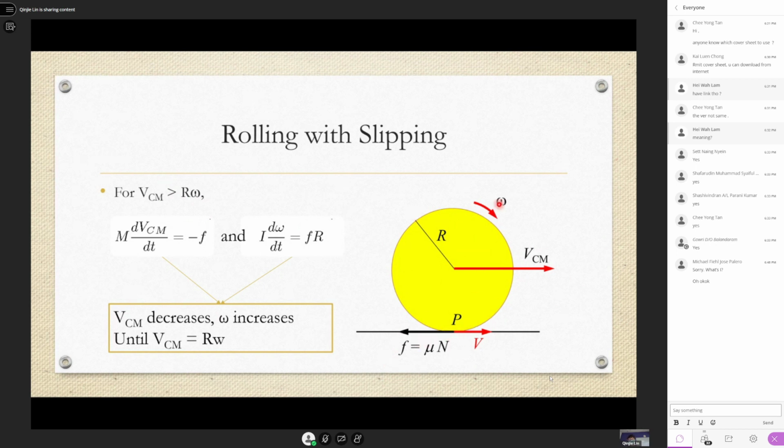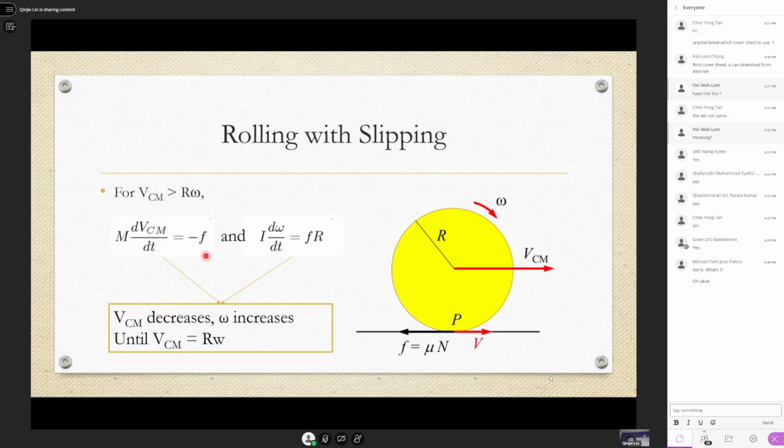So this diagram here is rolling with omega. You can write out two equations. One is your MA, where dV_CM over dt is your translational acceleration.